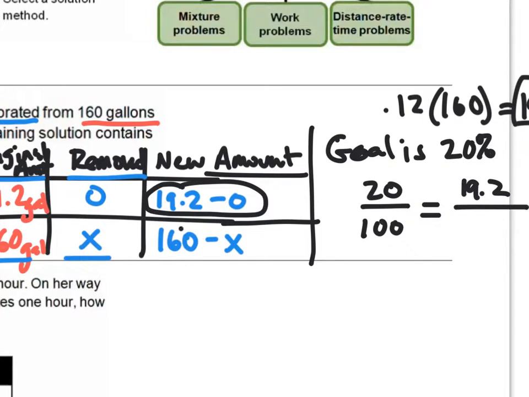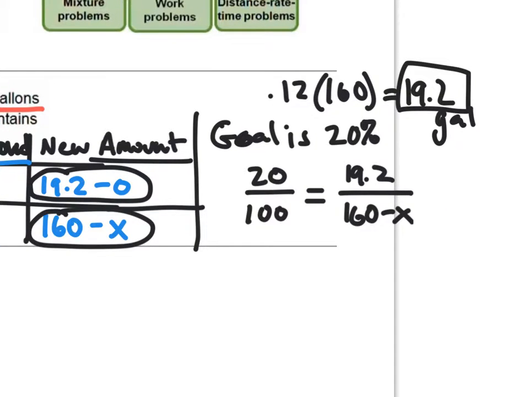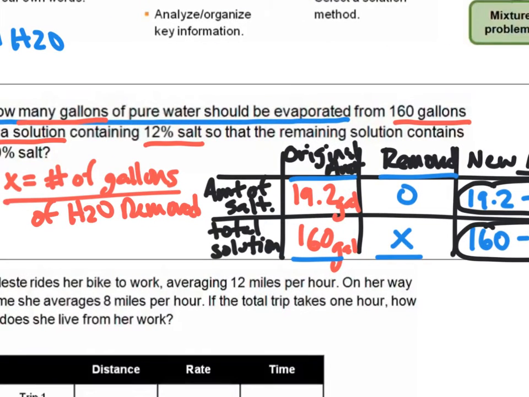And that's the equation we have to set up. That's the hard part. I already know the answer: you should get 64 for x.